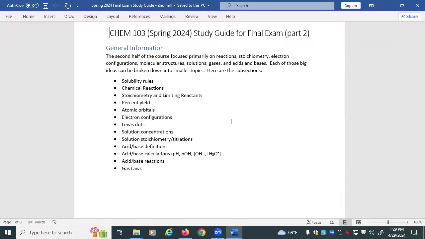This second half of the semester was very, very calculation heavy, with the exception of when we did electron configurations and the molecule drawing. Aside from that, we've basically been calculator junkies for the past 5 weeks. And so the study guide itself is shorter, but it does reflect that.